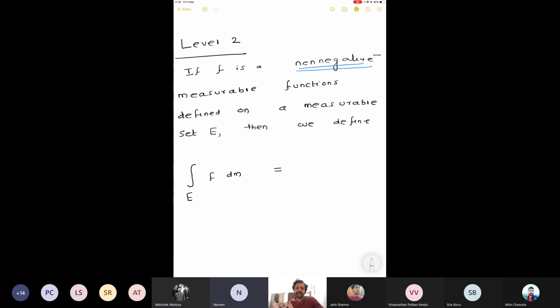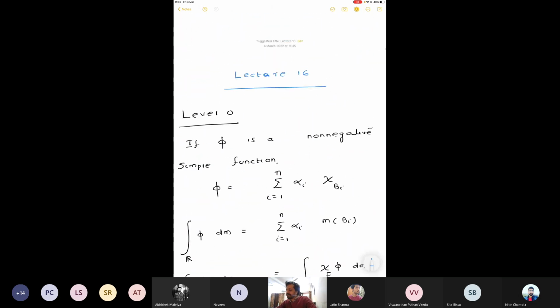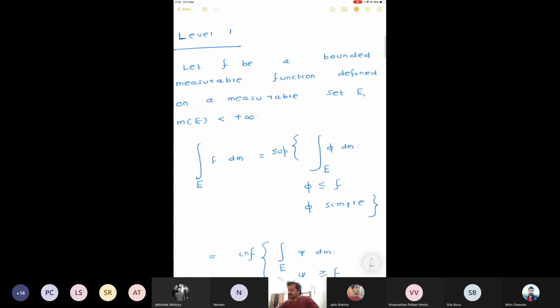I will define. Now, while going from level 0 to level 1, we knew only integration of simple functions. Therefore, to define the integral of a bounded measurable function, we made use of the integral of simple functions. Is that clear?